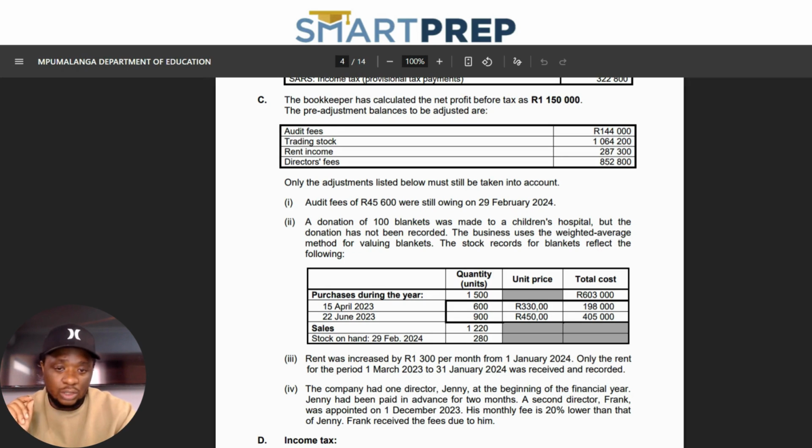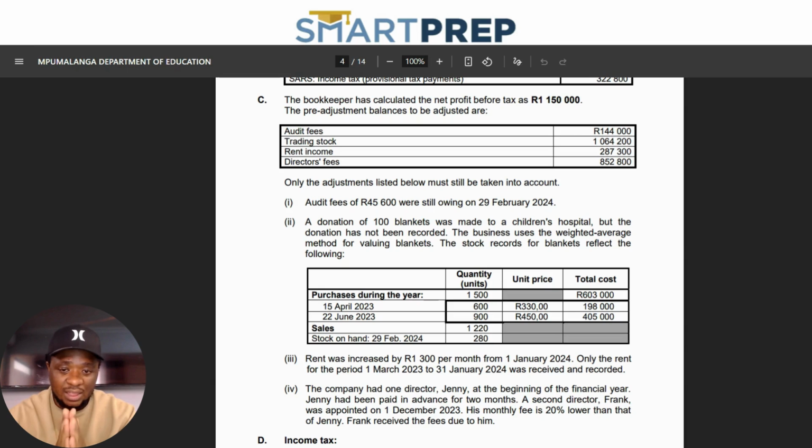The other thing we want to remember is that under the weighted average method, to calculate the cost we take the number of units, which is 100 for the donation, and multiply by the weighted average cost. And how do we work out the weighted average cost? Well, it is calculated by taking the total value of goods available for sale, and then dividing by the units available for sale. In this case, what is available for sale?